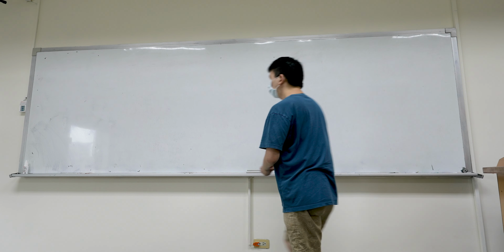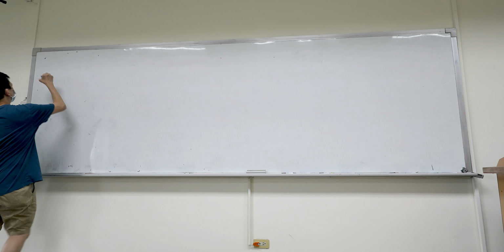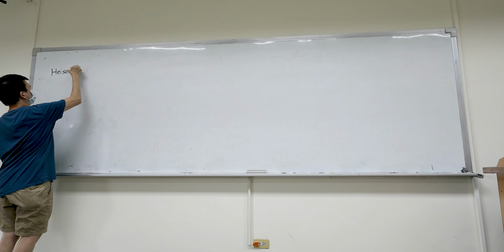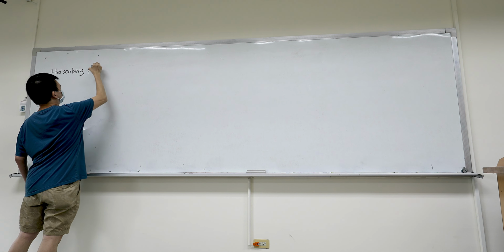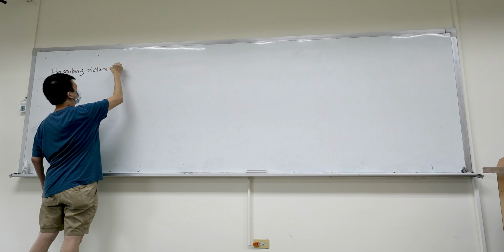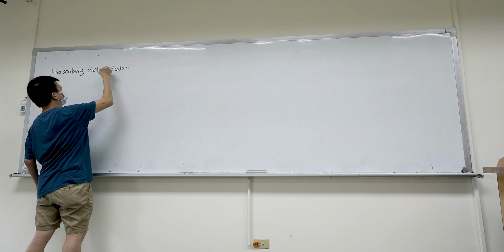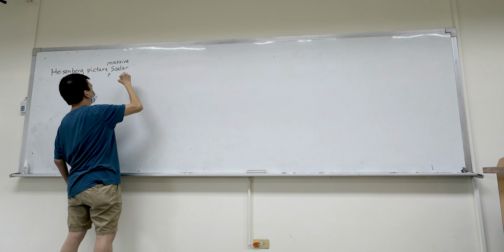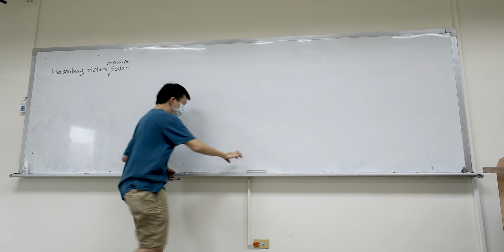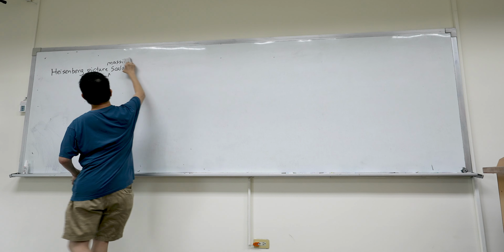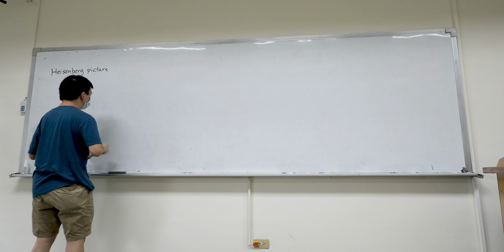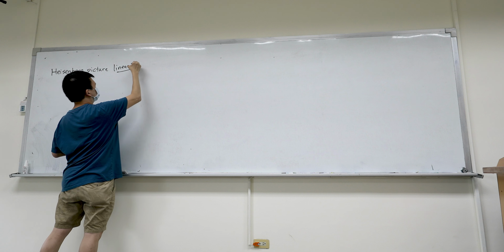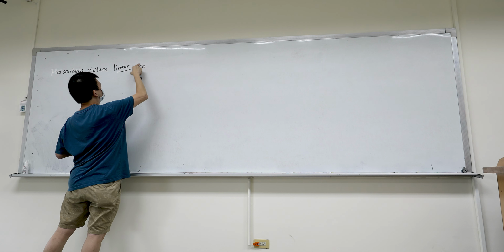So basically, we have written down the Heisenberg picture scalar field, actually a linear massive scalar field.